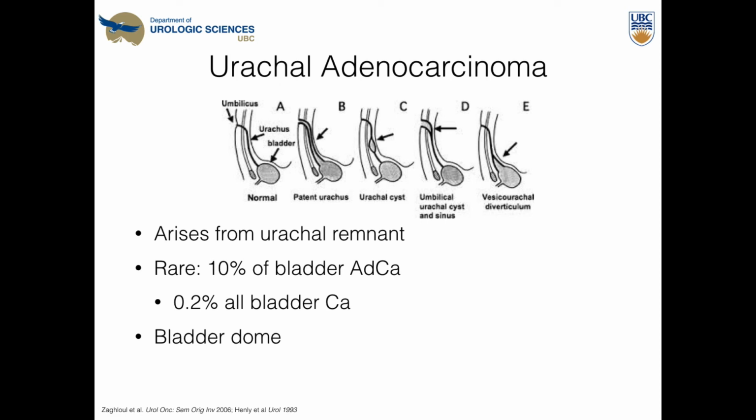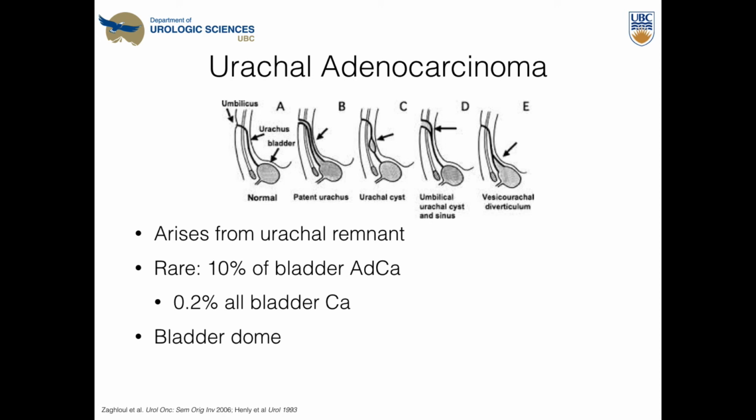So now we're going to talk about urachal adenocarcinoma. This is a unique variant that actually arises from the urachus. Quick embryology refresher: the urachus drains the allantois in utero and drains into the umbilical cord. This typically regresses at birth or shortly after.